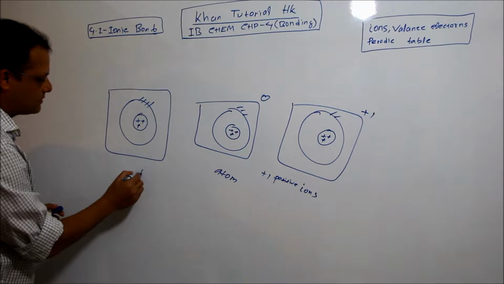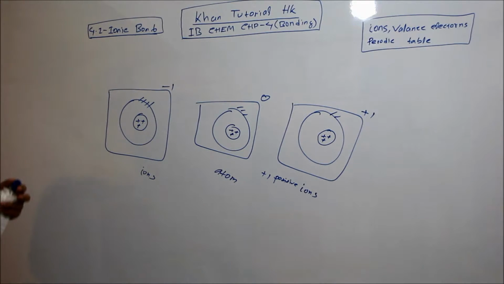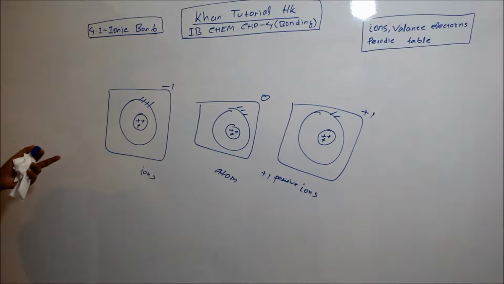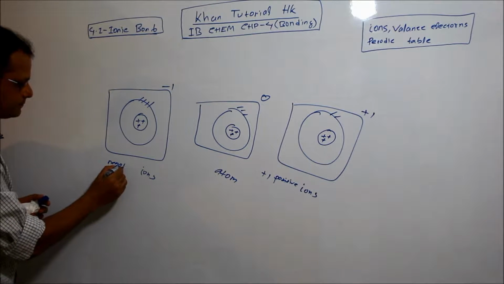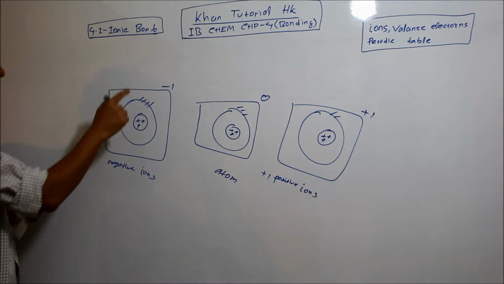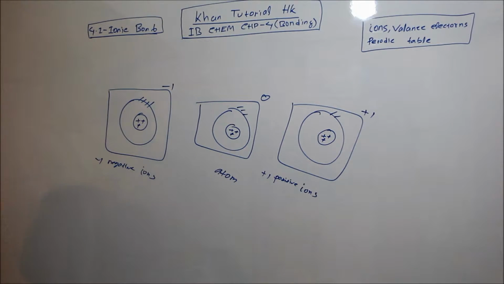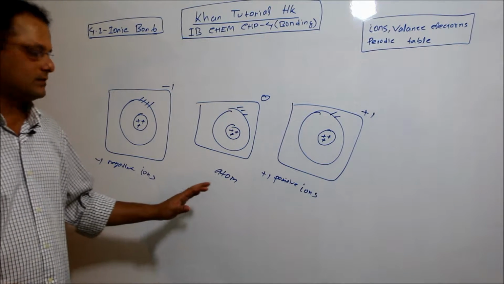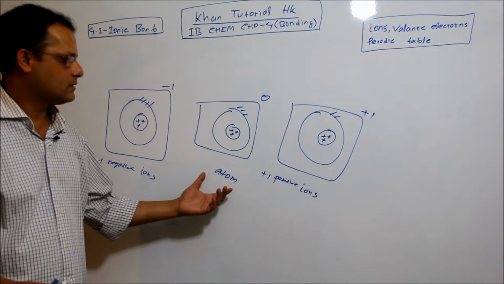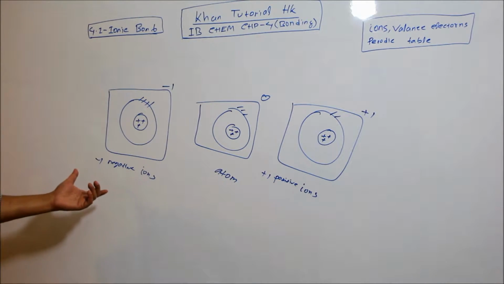So this is also an ion. Because 1 minus charge is in excess, we say this is a negative ion, or more specifically, a 1 minus negative ion. So this is the difference between atoms and ions.